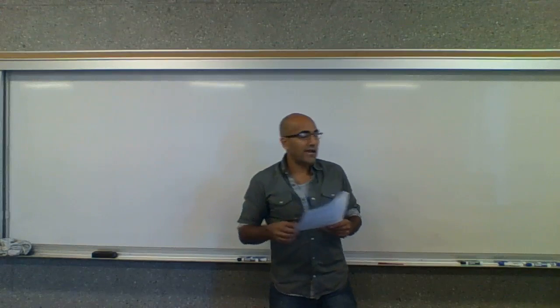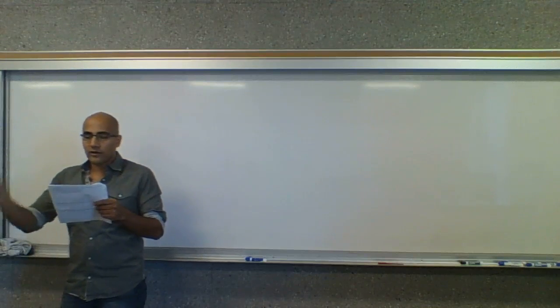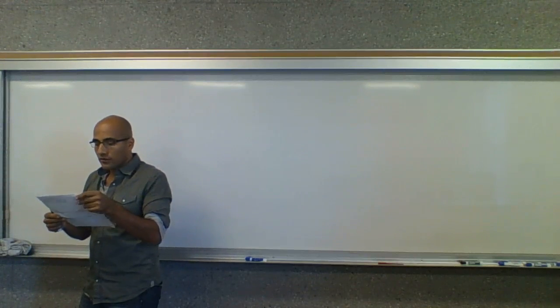So why don't we start by finding the sample information. Put all that stuff onto list 1. Do a one variable statistics on list 1. We'll get our sample mean and sample standard deviation, and we'll take it from there. Meanwhile, let me write down this sample stuff.